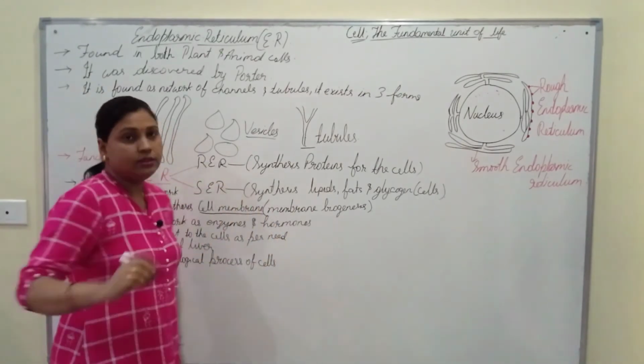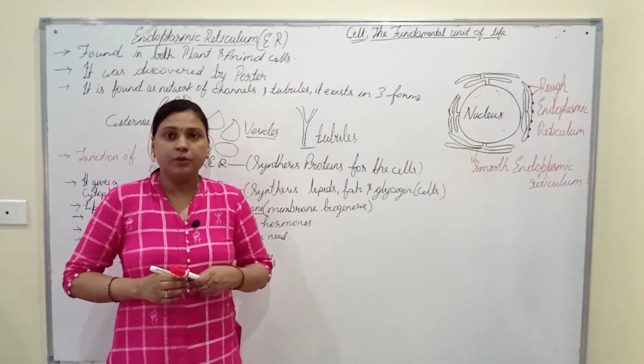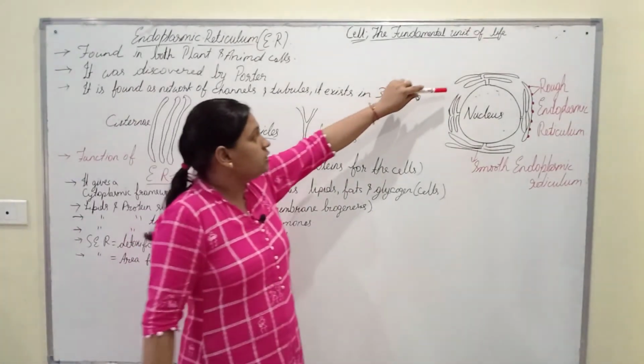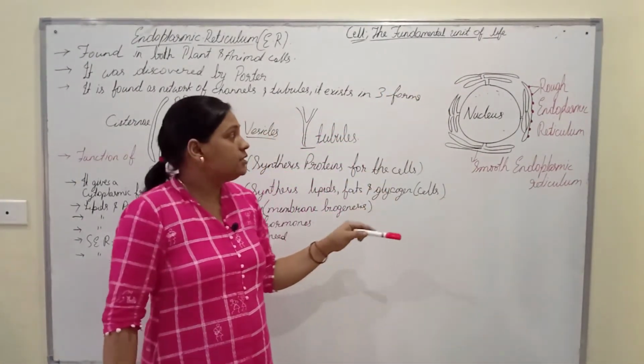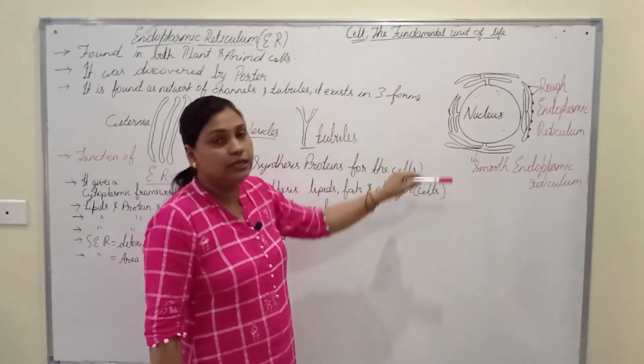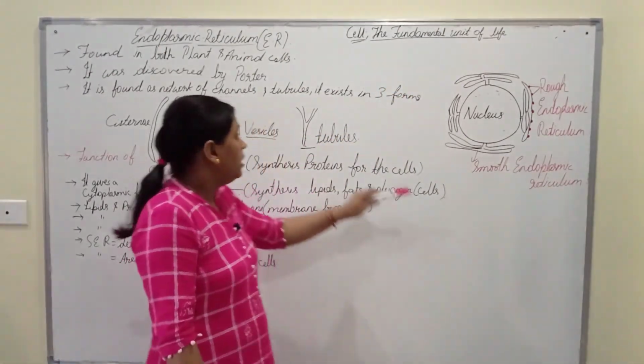So, in this way we saw that the endoplasmic reticulum, found all around the nucleus, is a very important part as it produces proteins and lipids for the cells.